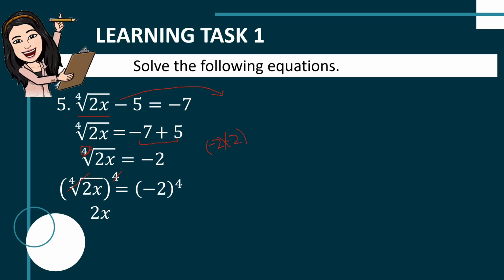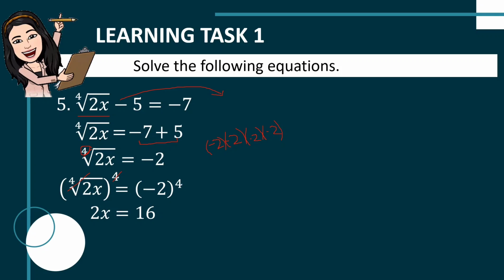That is 4. Negative 2 times negative 2, we have positive 4. So, another 4. 4 times 4, that is equal to 16. Positive or negative? Okay, we have positive 16. Maliwanag? Okay, so that would become negative 2 times negative 2 times negative 2 times negative 2. That is equal to 16.